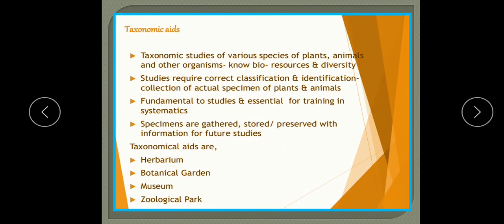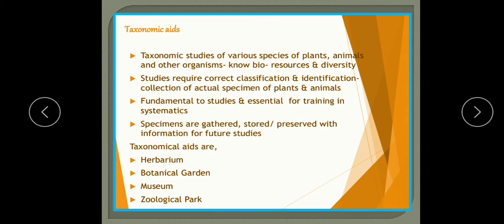First we will start with the tools for the study of taxonomy. They are also known as the taxonomic aids. You know that the correct identification of an organism is essential to the taxonomic study, and based on the identification it can be placed in its proper taxonomic category.